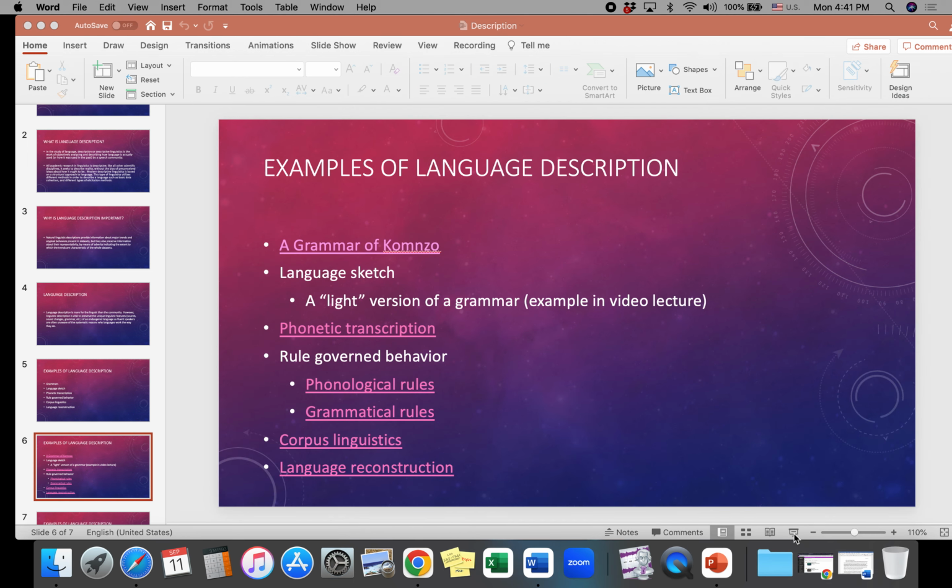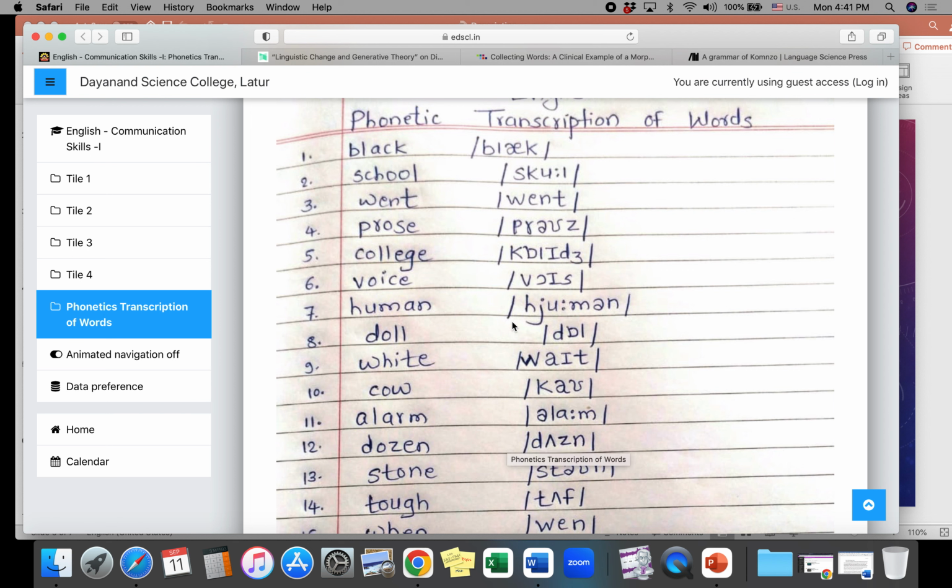Phonetic transcription. So if you follow these links, you can see examples of phonetic transcription, phonological rules, and grammatical rules. I have a couple here. Here is an example of phonetic transcription. This is using the International Phonetic Alphabet to write the pronunciation of words.